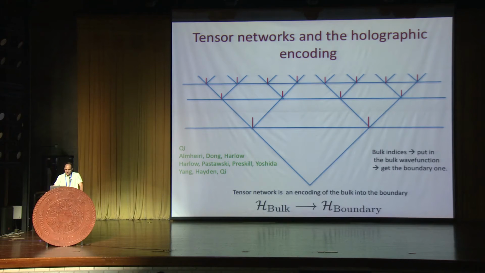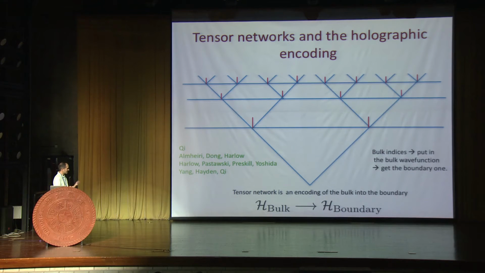Now, tensor networks can also be used not only as a way to think about the wave function, but as a way to translate between the bulk wave function and the boundary wave function. So here we are viewing the tensor network as a kind of unitary map between the interior and the boundary, or more precisely, an encoding of the bulk into the boundary.